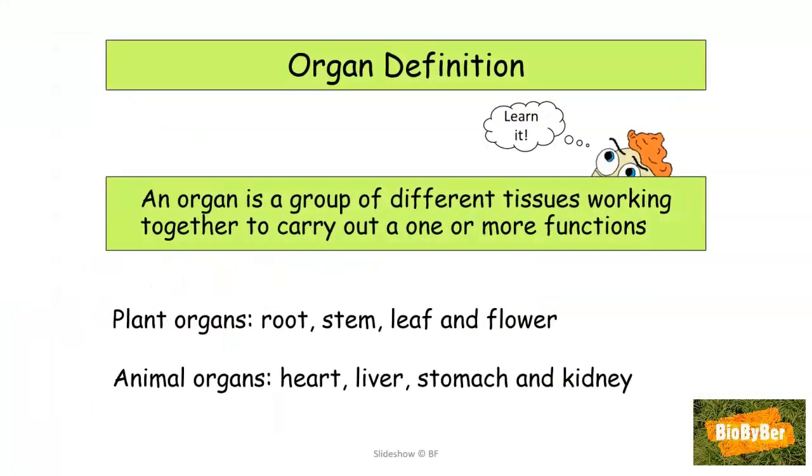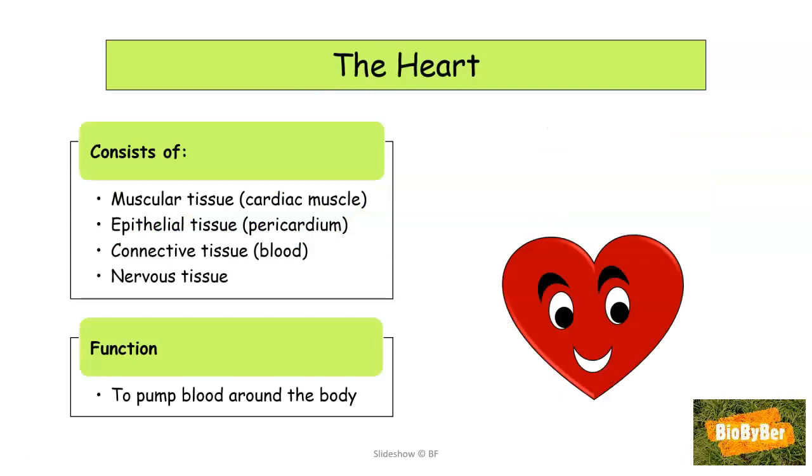Therefore, using the organ, the root, as an example to exemplify or to explain the definition of an organ, we can see that an organ is composed of a group of different tissues working together to carry out one or more functions. Now let's do the same idea, except this time we're going to use the example of the heart.